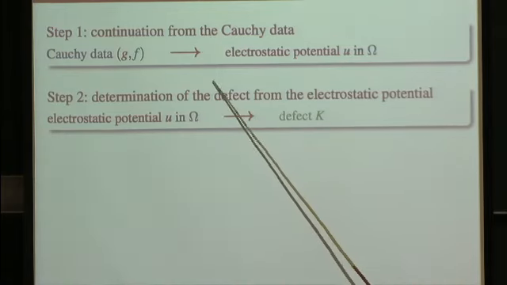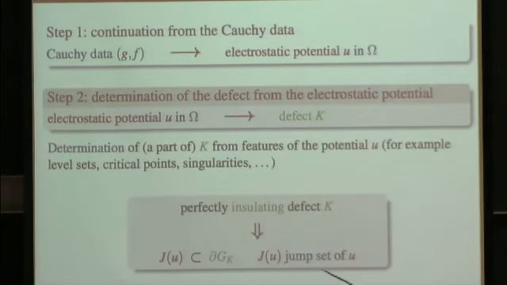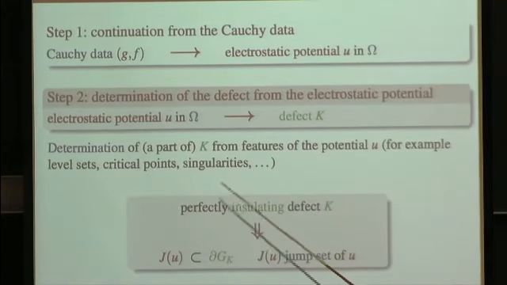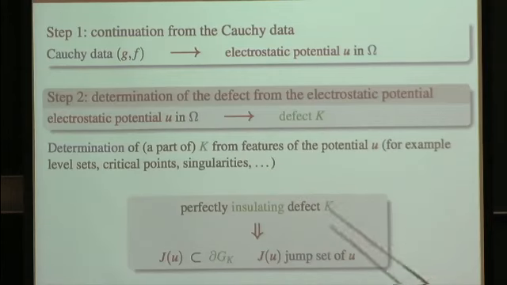Okay, let's look at step 2 here, which is maybe somehow easier. So what do you do? Usually, from a theoretical or practical point of view, you exploit some features of the solution of your forward problem to identify some properties of your unknown.